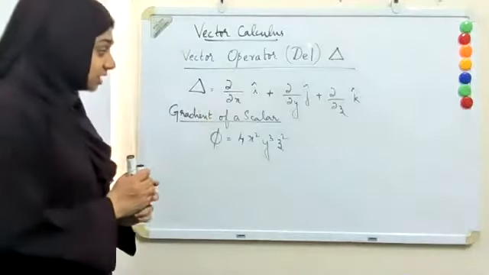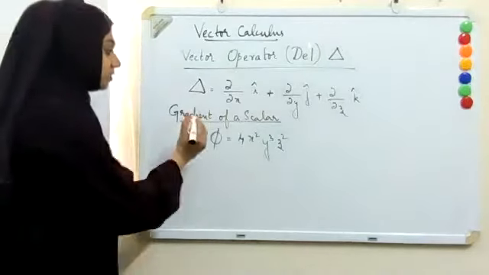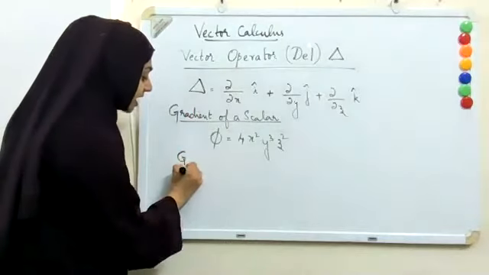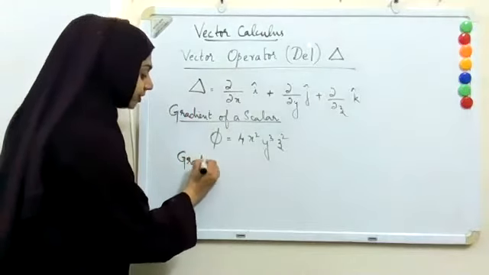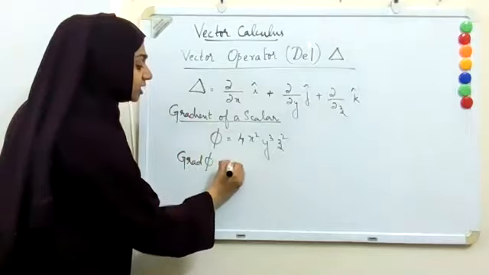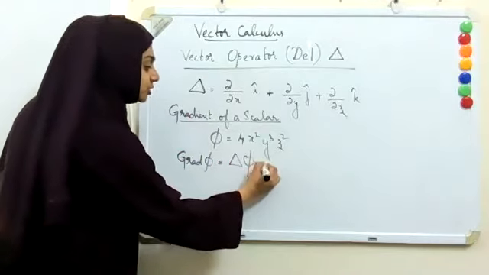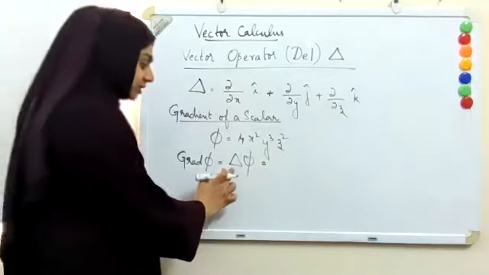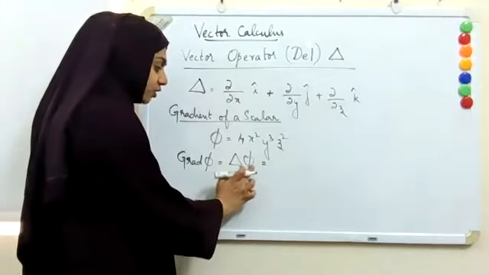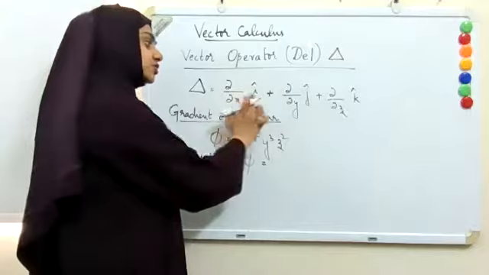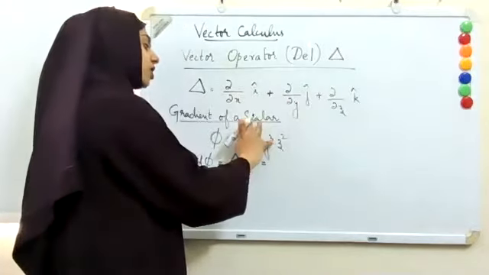When you take gradient of a scalar quantity, you represent it as grad phi, or you can also call it del phi. So this is equal to, when you take grad phi or del phi, you have to do this operation on this.